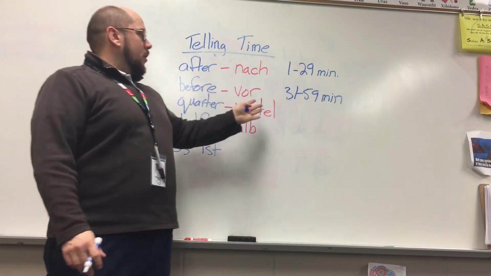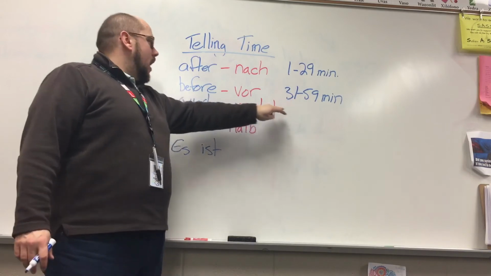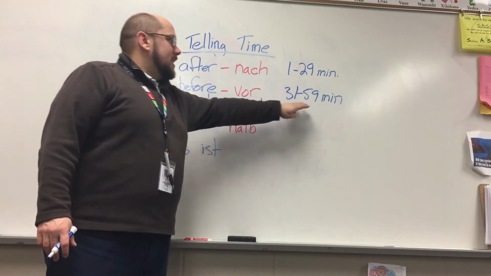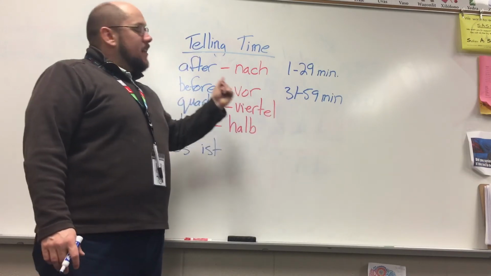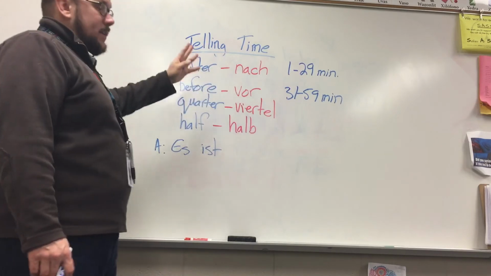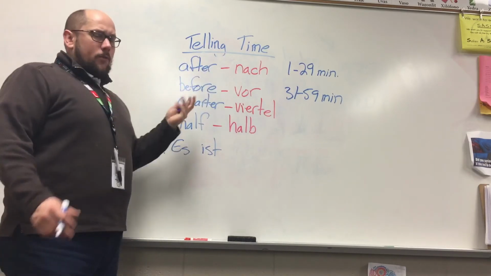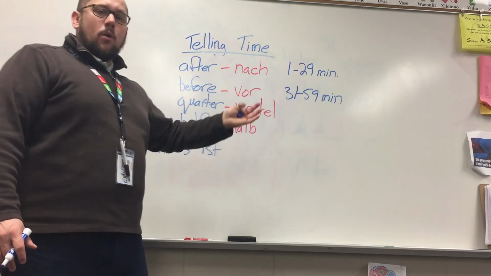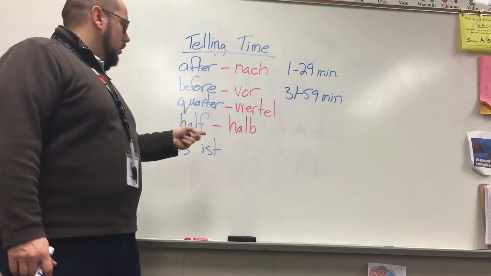So when it's 7:31, it's 29 minutes before 8. Or if it's 7:55, it's 5 minutes before 8. And we'll get some practice seeing those again as well. Quarter, of course, 15, 45: 15, quarter after, 45, quarter before.